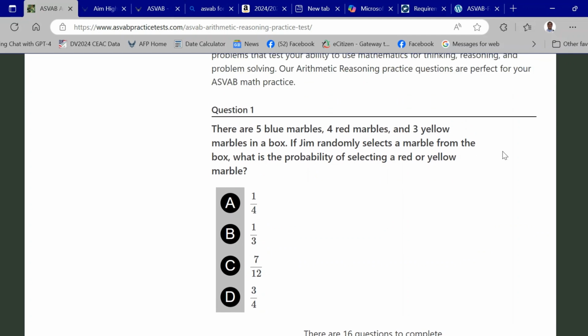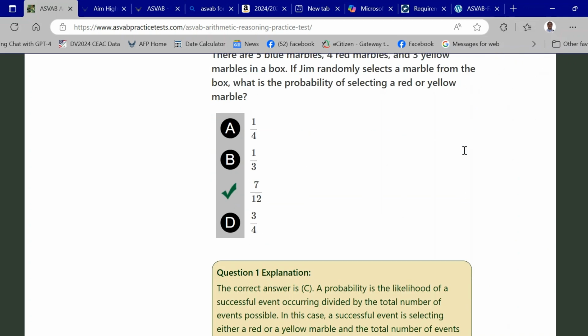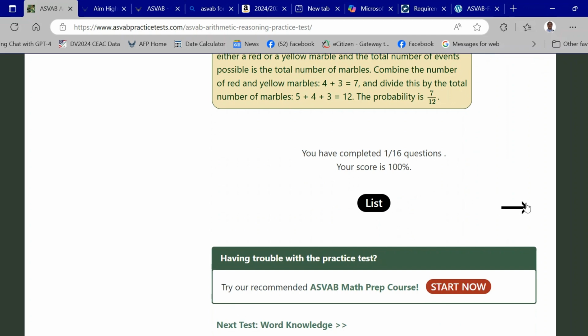The rule of thumb: find the total number of marbles, which is 5 plus 4, which is 9. 9 plus 3 is 12. Then go to the last part of the question. Red and yellow: how many are those? 4 plus 3 is 7. So 7 over the total, 7 over 12. The answer is C. Easy maths.